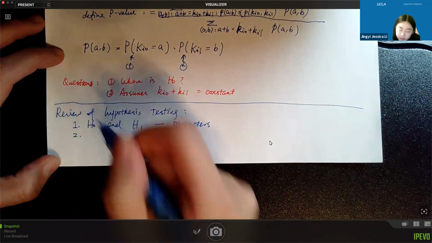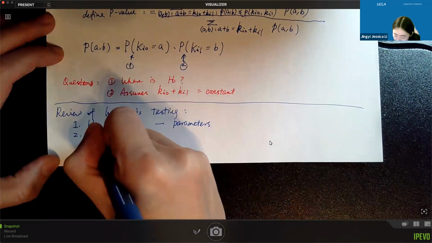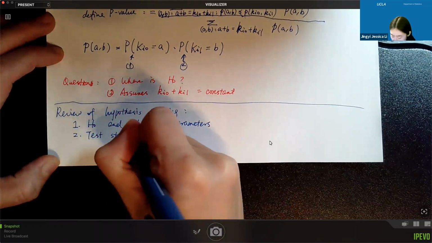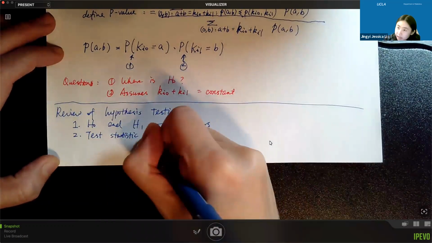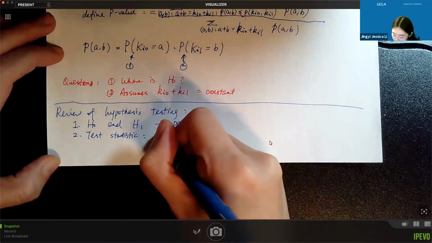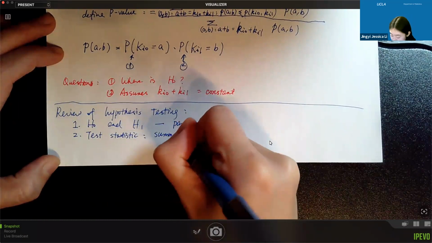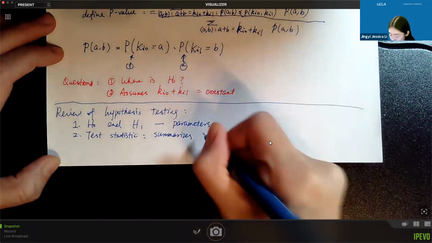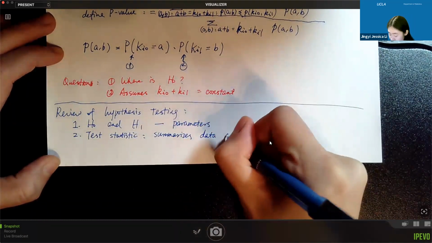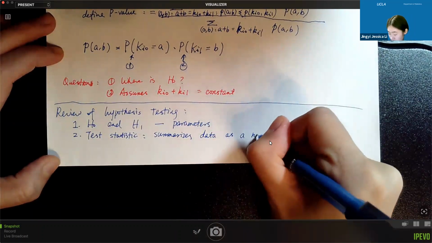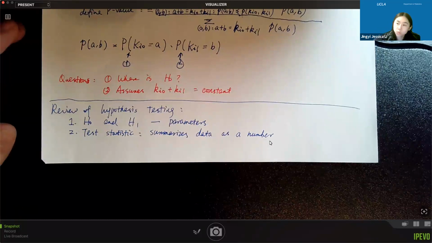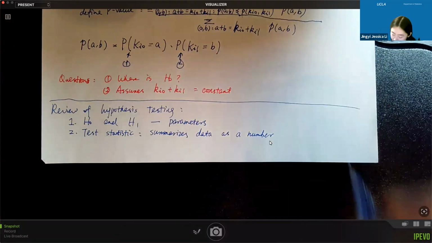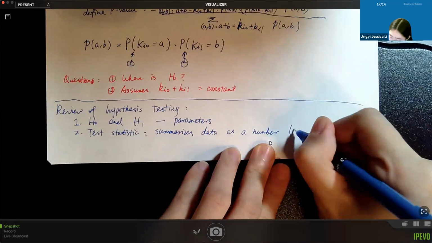And the second thing we need is a test statistic. This is a summary of our data. It summarizes data as a number. For example, the T statistic, that's a summary. And we need to realize that this test statistic is random.